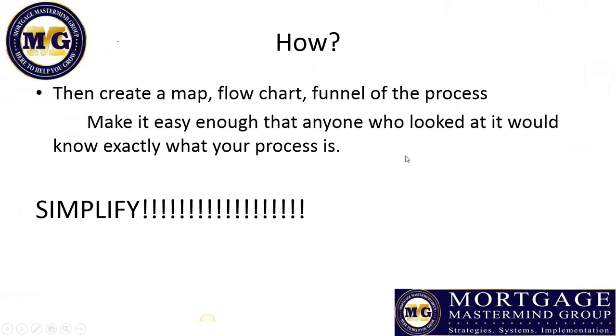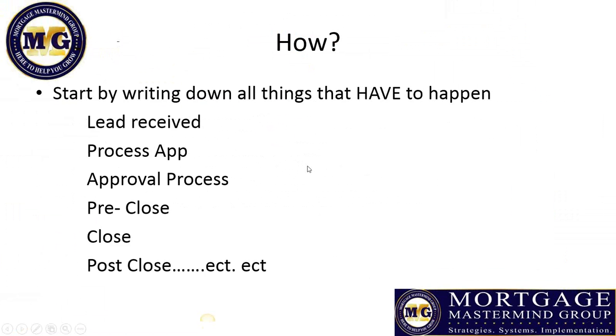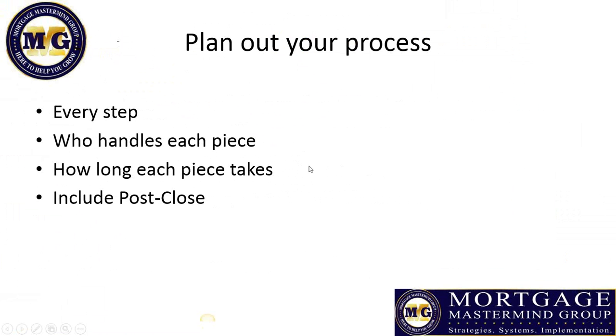Really great stuff. Then create a map, a flow chart, a funnel, if you will, a checklist, whatever it is. Again, whatever you want to call it, that's entirely up to you. But once you've got these pieces to the puzzle, you've got every step that you're going to do, who handles each piece, how long each piece takes, what's going to happen in post-close.